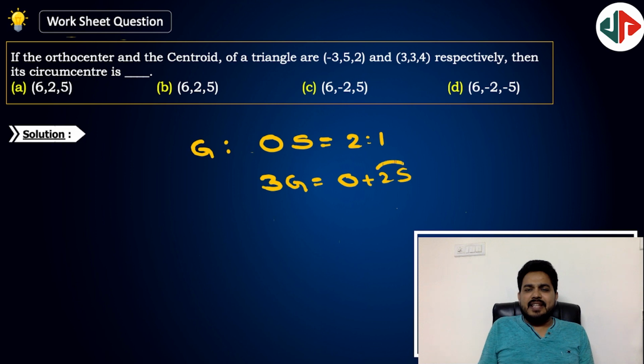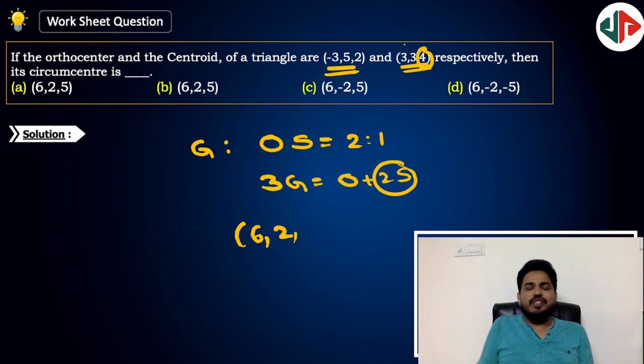They are asking the circumcenter. 3G, this is the centroid, right? This is the centroid. This is the orthocenter. 3 times 3, 9 plus 3, 12 by 2, 6. 9 minus 5, 4 by 2, 2.